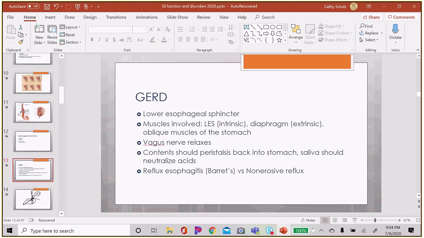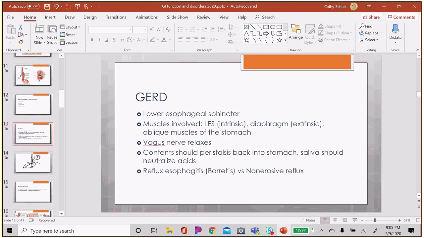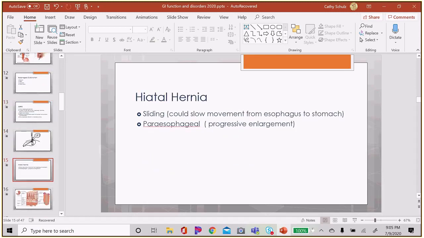So contents should peristalse into the stomach and stay in the stomach. If a person has continued reflux and it starts to cause metaplastic change, then you can develop a precancerous condition, which is Barrett's esophagus, as the cells begin to change.